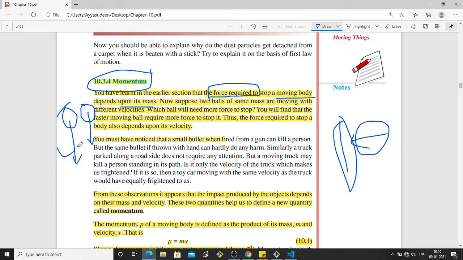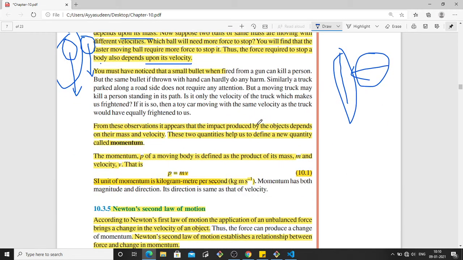This one, obviously, because it is moving with more velocity. So the force required to stop a body also depends upon its velocity, not just the mass, because here the mass is equal, but the velocity is also related. They have given another example here. You can read about it.